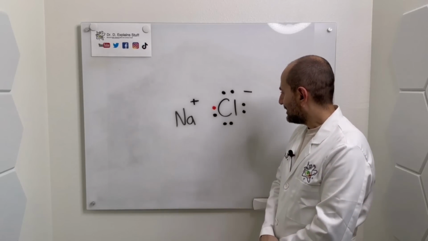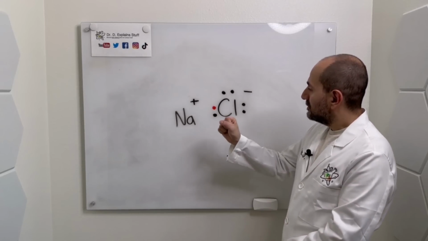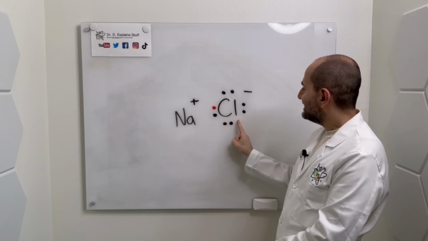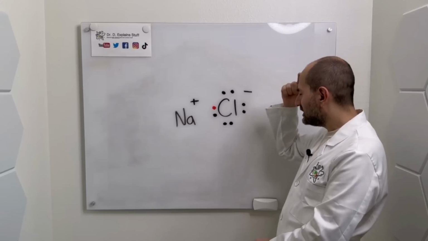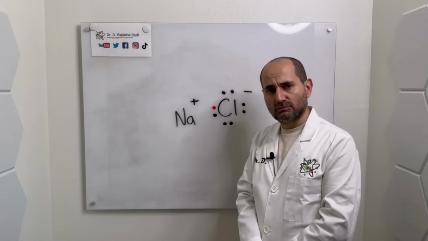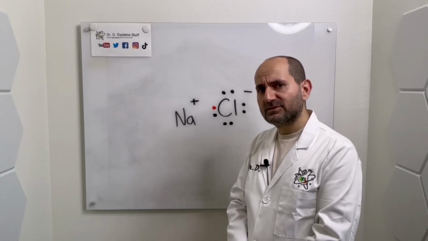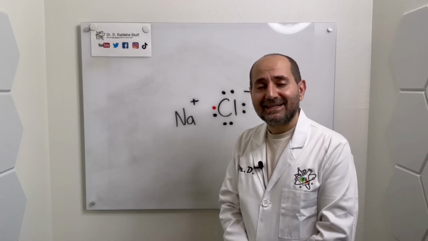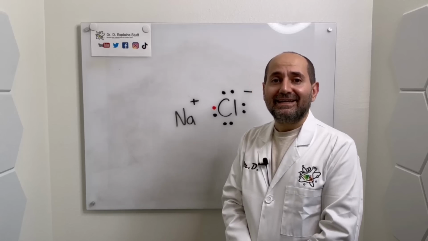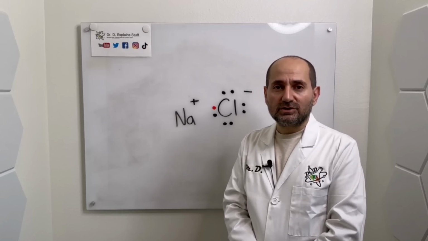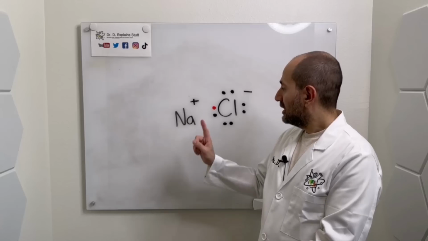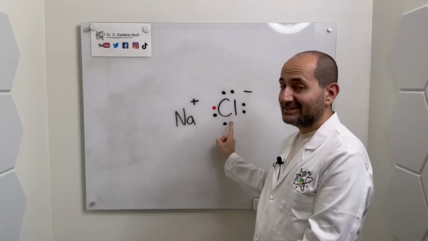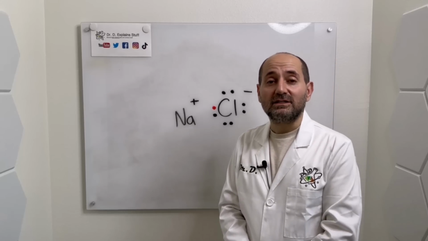Now, let's get back to this. So sodium cation and chloride anion form. Now, what do you know about opposite charges? What did I tell you about opposite charges? In chemistry, opposite charges attract. So sodium is positively charged, chloride is negatively charged, and guess what?